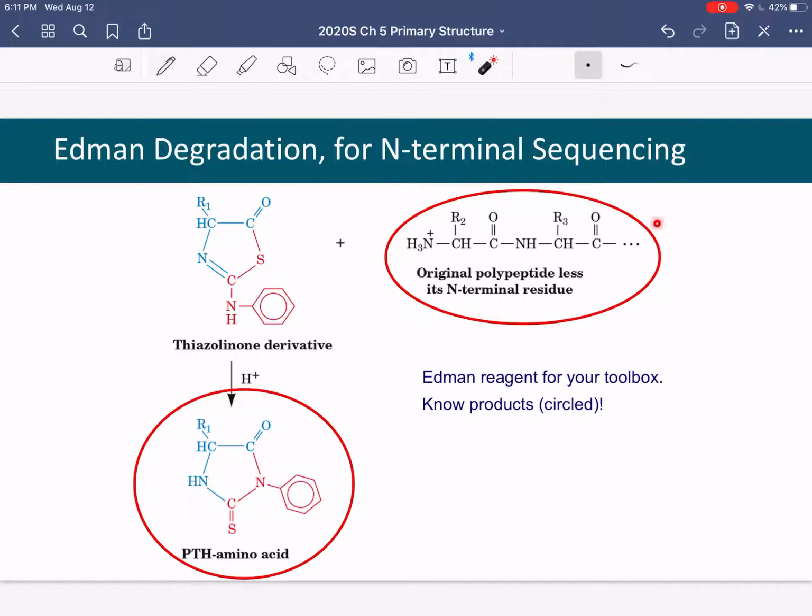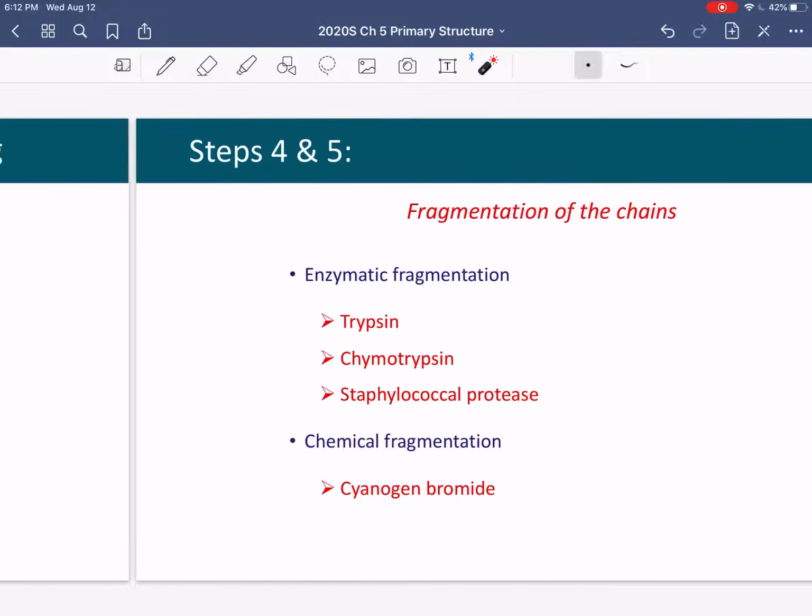And then you're going to either discard this part of the protein, or if your sequencing is short oligopeptide, you might repeat with fresh Edman's reagent and sequence a few more amino acids. But for all intents and purposes, we're done in step 3 once we've isolated and identified this product.